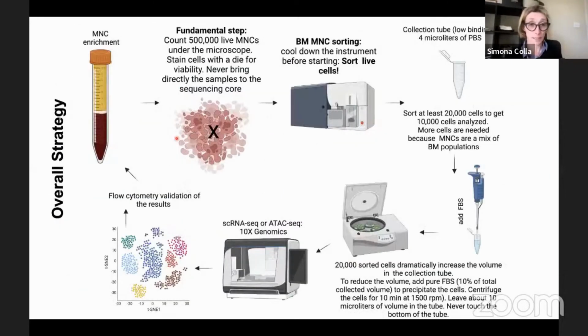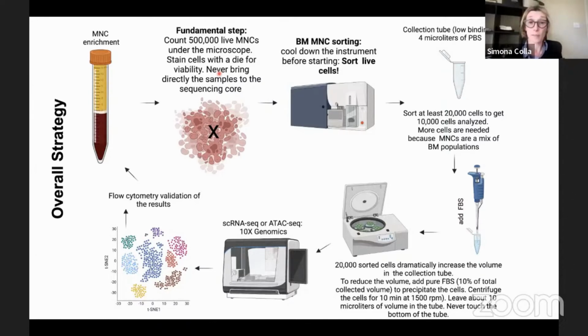So this is the slide to summarize how we can get this data. The overall strategy doesn't change much, but this is a fundamental step that you should remember if you want to sort any type of cell. It's easy to count the cells under the microscope and then bring the counted cells to sequencing.